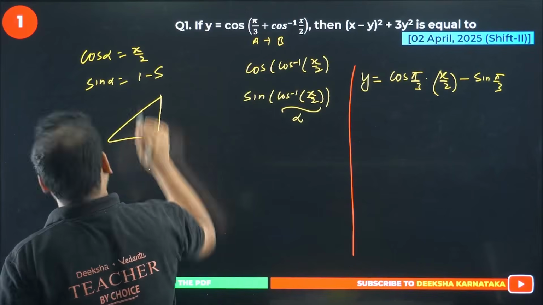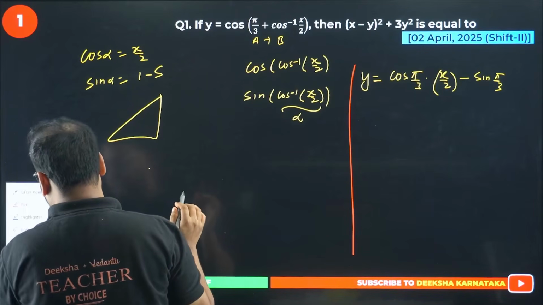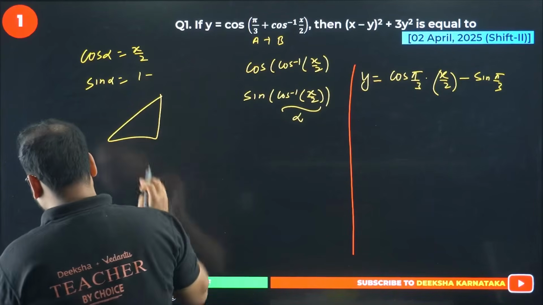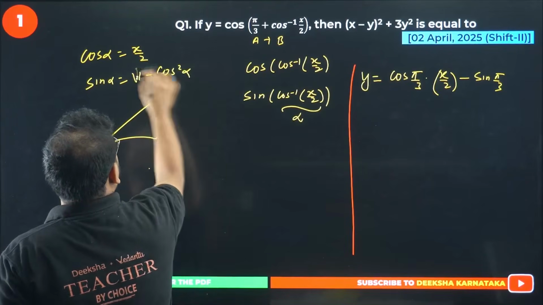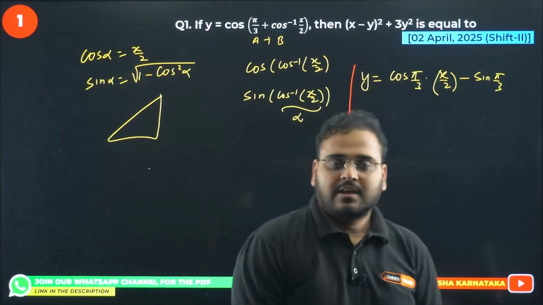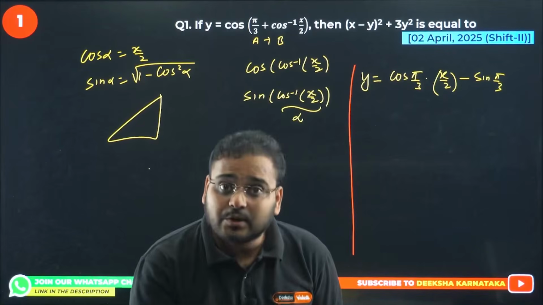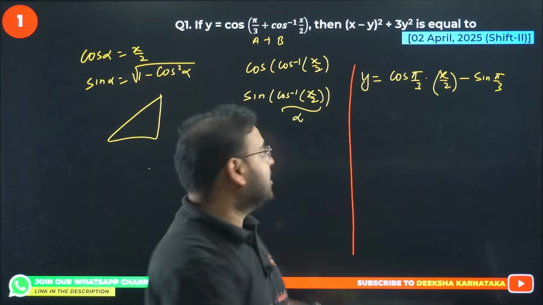Have I gone fast? Please tell me. So I can write like this, no? Cos square alpha in the root. Yes or no? If I already have the value of cos alpha given to us, I can find sin alpha from there using this formula.